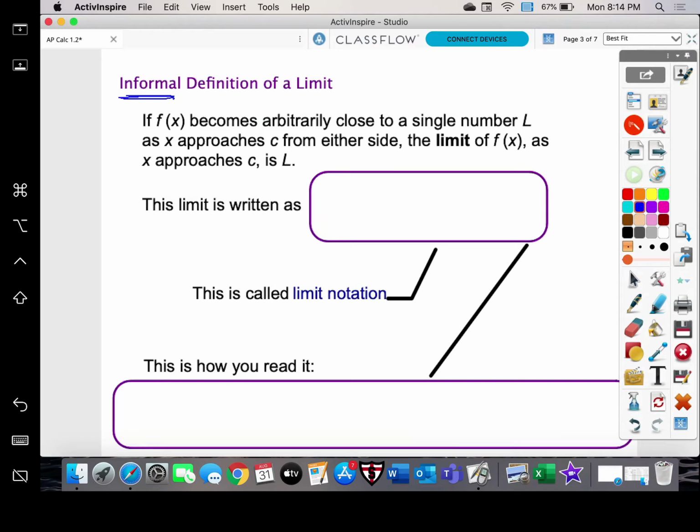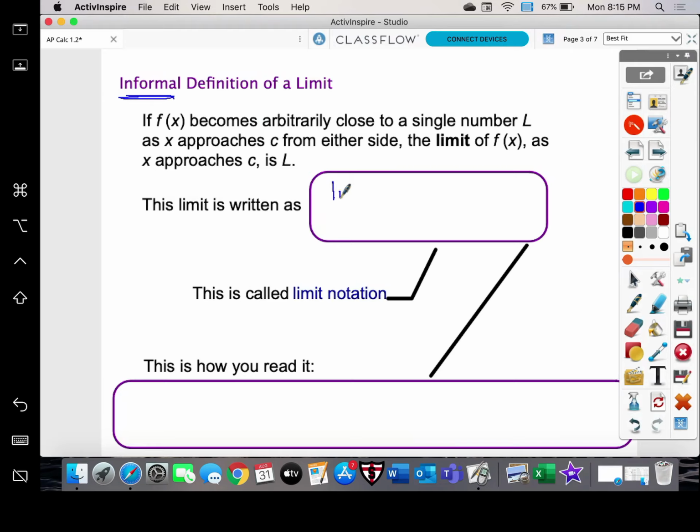It says we have a function f becoming arbitrarily close, that just means super duper close, to some single number L. In that last example, it was 3. As x approaches c, that was 1 from either side, we say the limit of f of x as x approaches c is L.